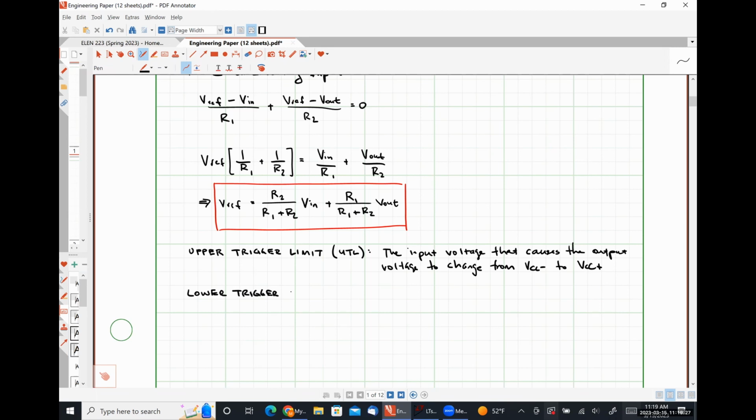So it's going to be the input voltage, LTL, the output voltage to change from VCC plus to VCC minus.